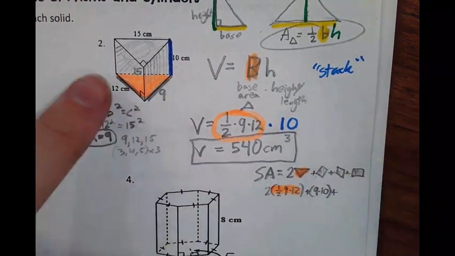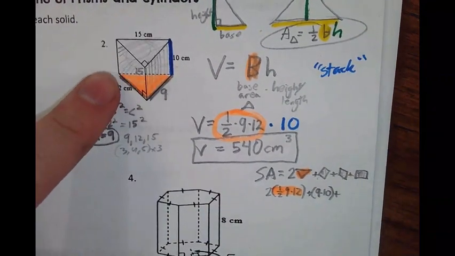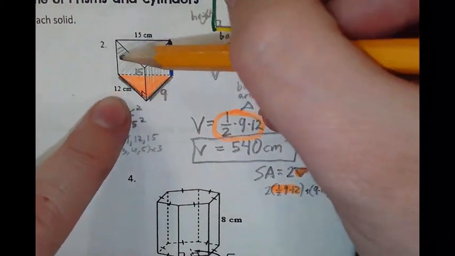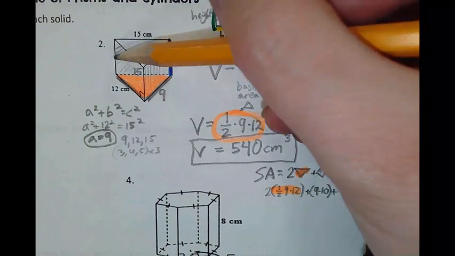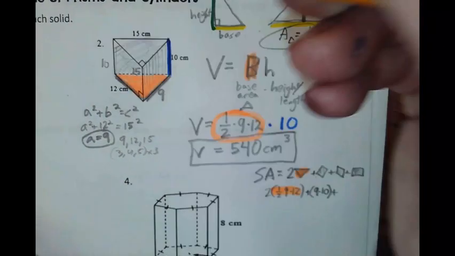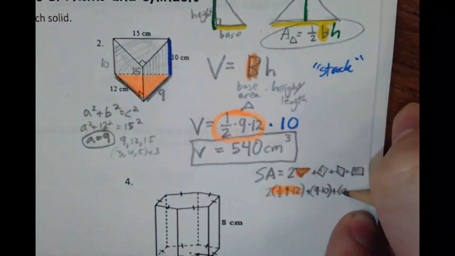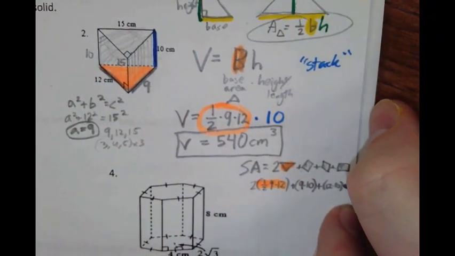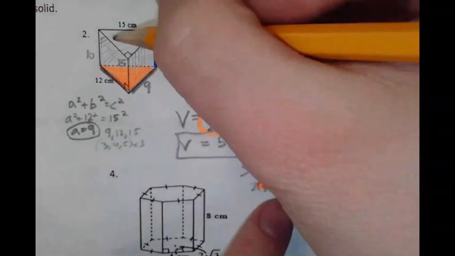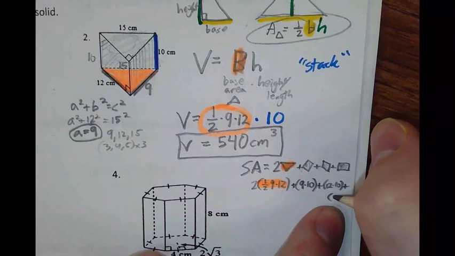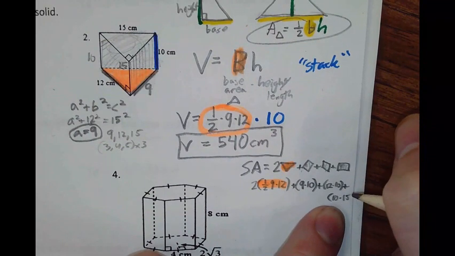For this rectangle right there on the front facing left part of your triangular base prism, we have a 12 by, what's this length, right? 10. A 12 by 10. And for our last rectangle in the back there, we do have a 10 by 15. So I'll put that right there, 10 by 15.